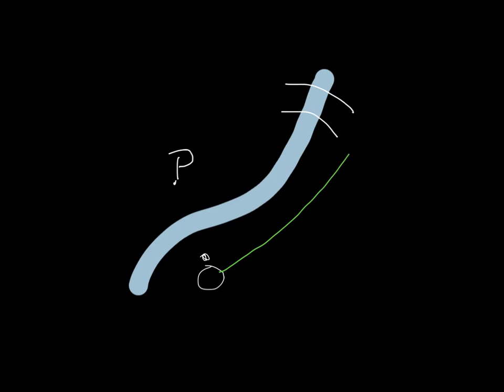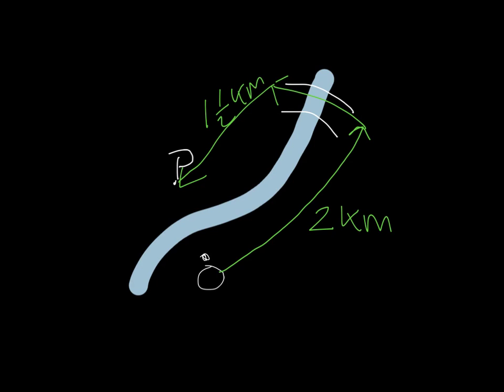So we walk along here, up to this point, over the bridge, and then to point P. And let's suppose that this is 2 kilometres, this is 1.5 kilometres, and let's suppose the bridge is half a kilometre. That's quite a big bridge.